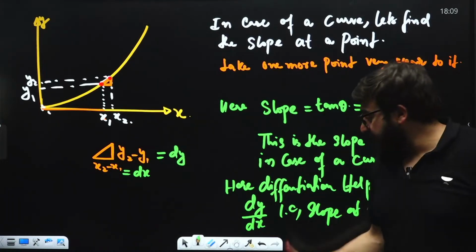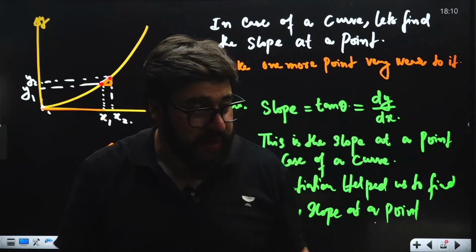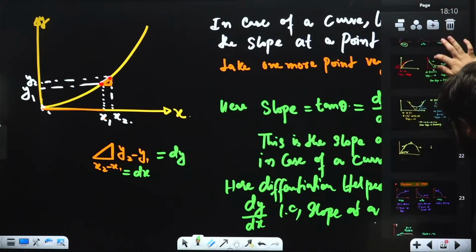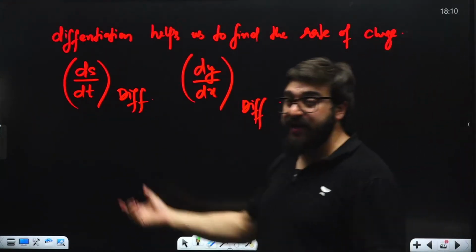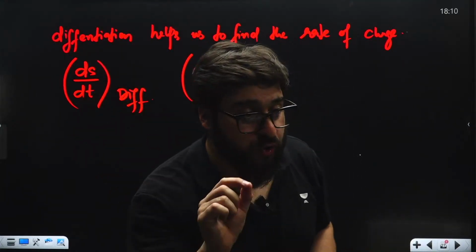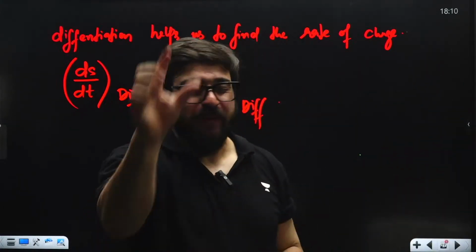Either you say rate of change of y with respect to x, or you say slope at a point, one and the same thing. So I can say, my dear friends, differentiation helps us to find rate of change, or differentiation helps us to find slope at a point. Guys, tell me in the chats, please.